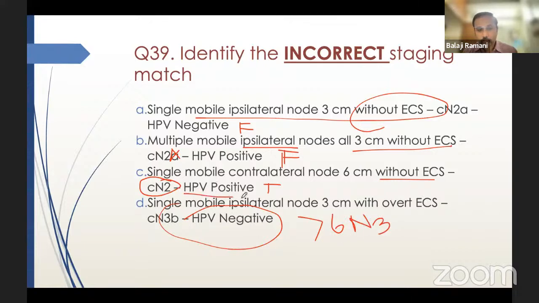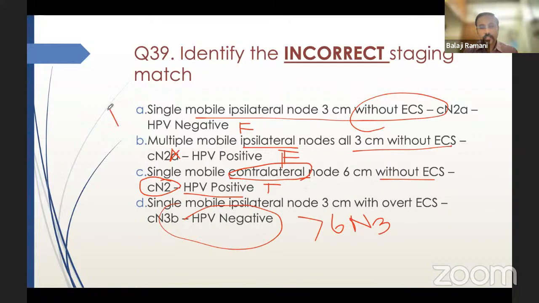So in your HPV positive individual, single mobile node, whether it's ipsilateral or contralateral, if it is less than or equal to 6 centimeters and contralateral, that is going to come under your N2 node. Less than or equal to 6 centimeters and ipsilateral is going to come under your N1 node. So this is a true statement.